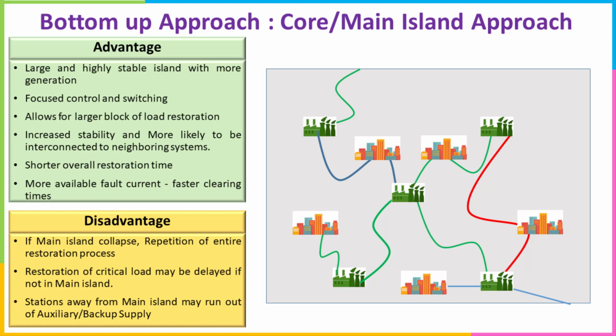As soon as you have more generation, more fault current will be available, the strength of the island will be high, and voltage and frequency deviation will be low. If there is a fault, you will have a high amount of fault current, so any problem will immediately get cleared. So destabilization of the island will be least, and it will not impact the rest of the system in a significant way.